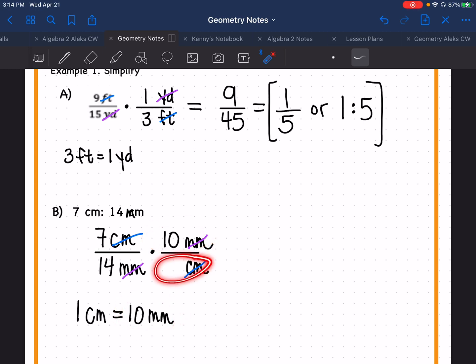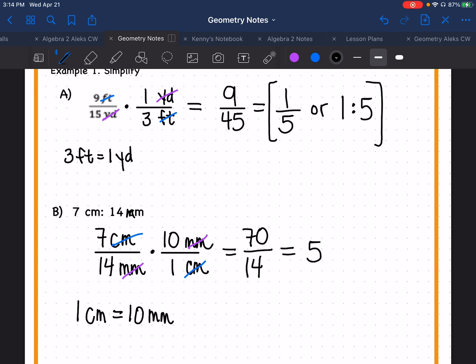And then likewise, these two have to match. 7 times 10 is 70, and 14 times 1 is 14. 70 divided by 14 is 5. This is my answer. Or if I write it, I would write 5 colon 1, because the denominator of a whole number is always 1.